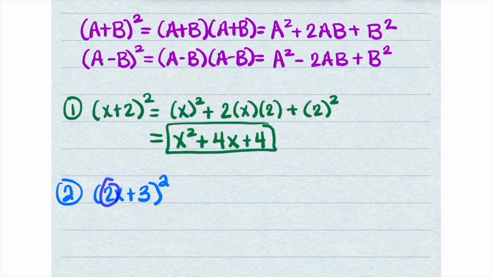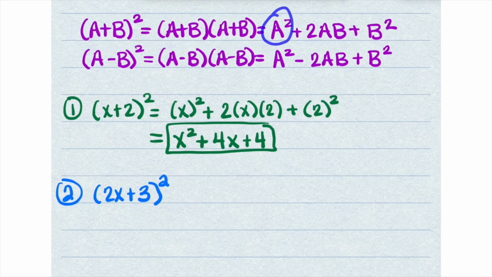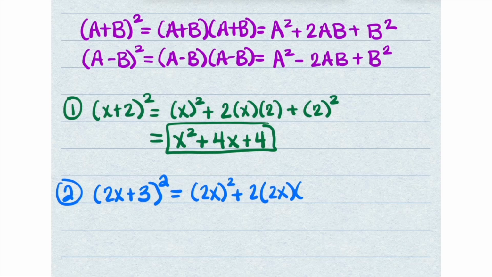This has a 2 on the term, so that way we can still follow it. All right, so then the property says this is a plus, so we're using this one. Okay, and the property says square the first, 2 times the first and the second, plus the square of the third. So this is going to be 2x squared plus 2 times 2x times 3 plus 3 squared.